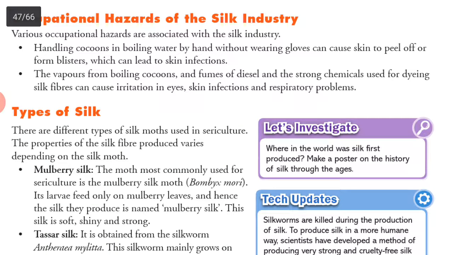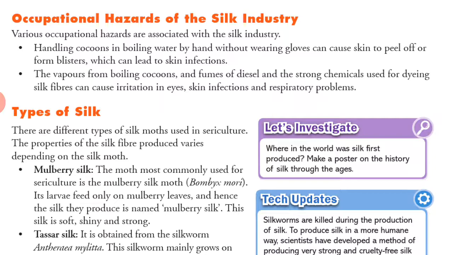The vapors from boiling cocoons and fumes of diesel and the strong chemicals used for dyeing silk fibers can cause irritation in eyes, skin infections, and respiratory problems also.